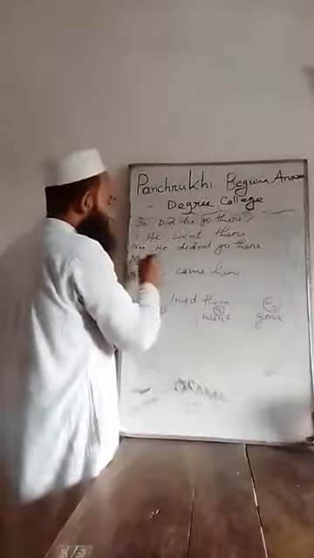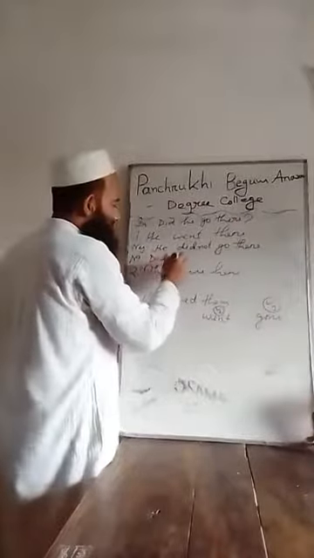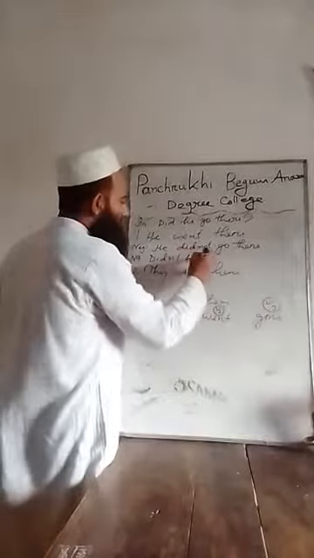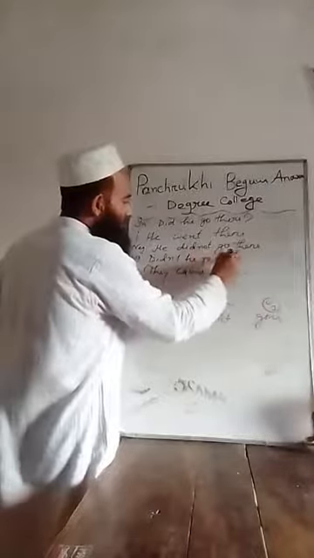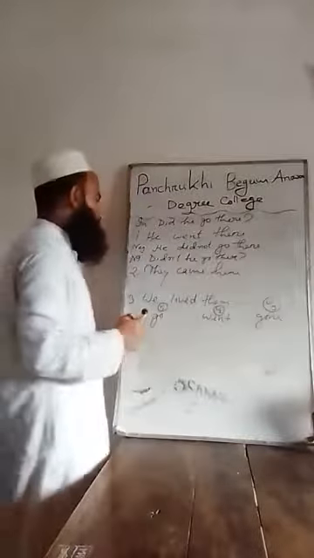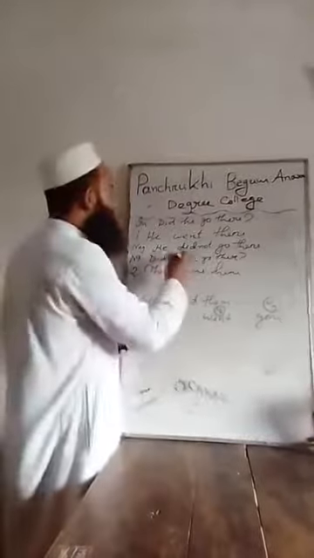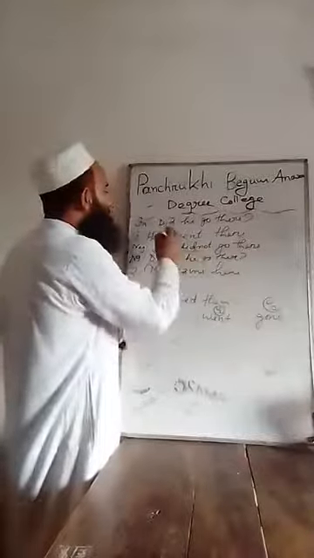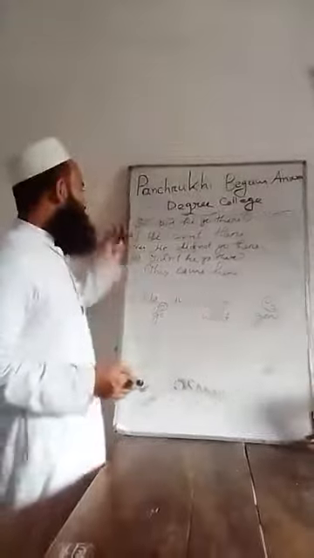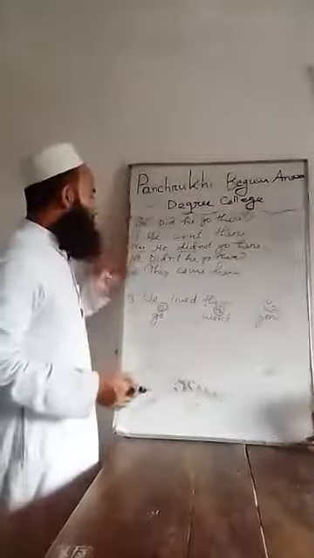Negative interrogative form: didn't he go there? Didn't he go? Did he go there? Did not he go there?